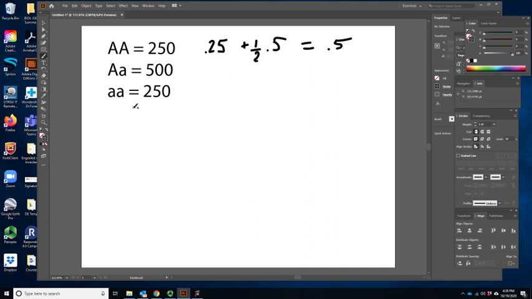Okay? Now, we do the same for the q-value using the little a's. Now, because these are symmetrical, notice that the equation works out exactly the same. So 0.25 plus 1/2, right?